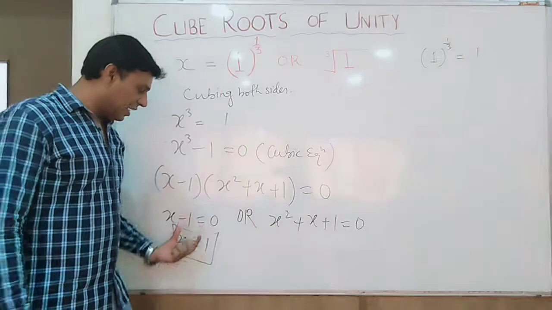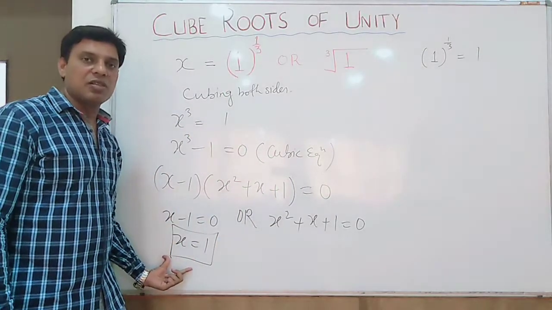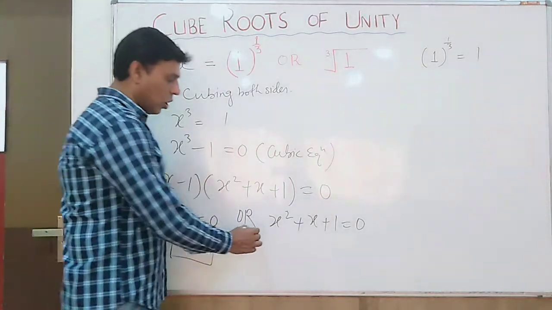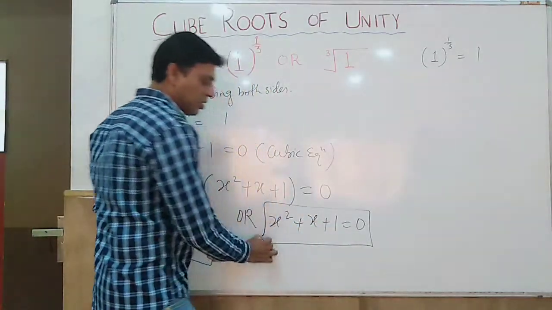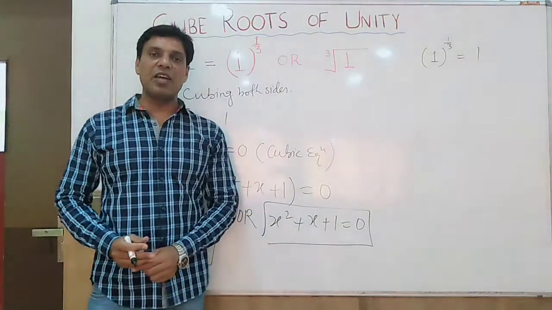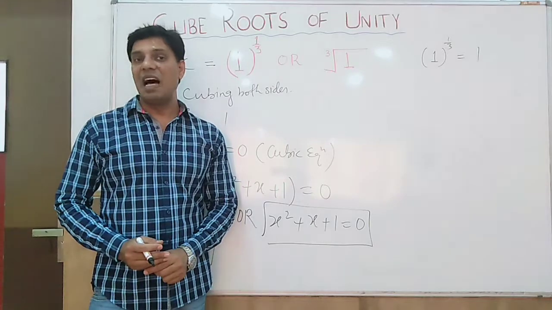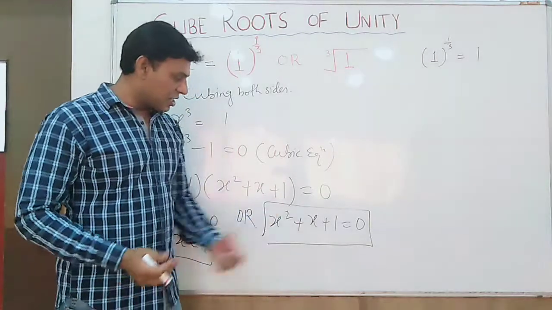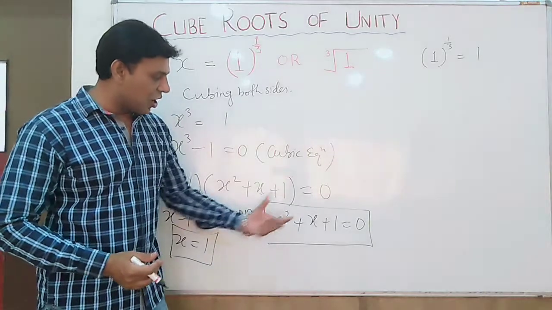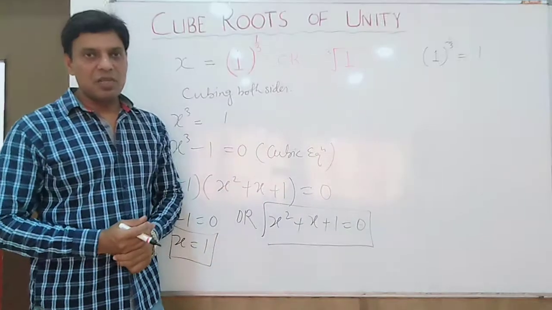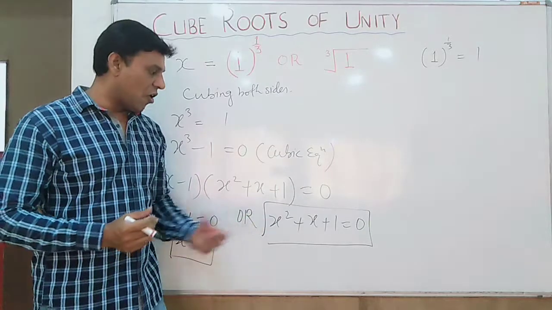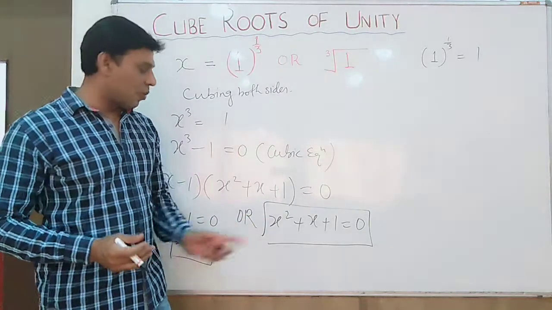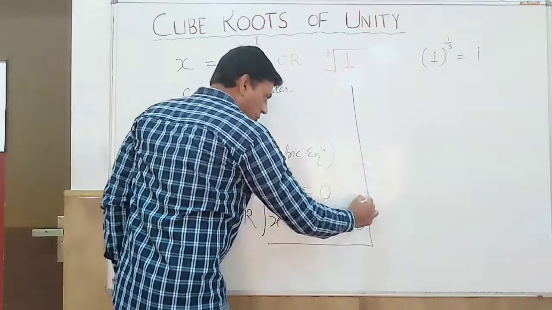But what about the solutions we will obtain from the other equation? Because this is a quadratic equation, we will have 2 roots from it. In this quadratic equation it is not easy to split the middle term, so we can use the quadratic formula to solve for the other values.